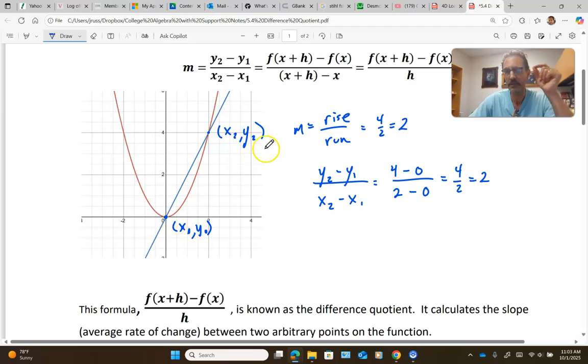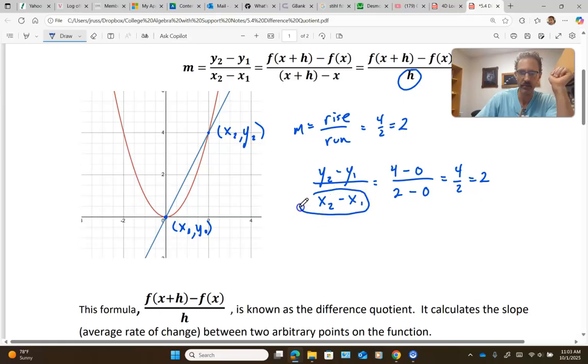The difference between the x coordinates of those 2 points we refer to as h. So the horizontal change between the x-coordinate of this point and this point we call h. That's what you find when you use the slope formula. The difference between the two x-coordinates, we're just going to arbitrarily call h.